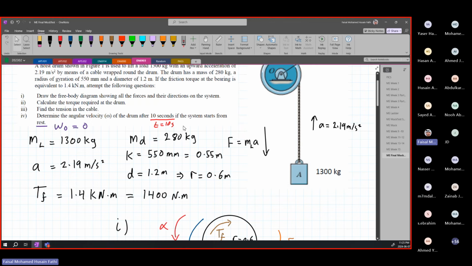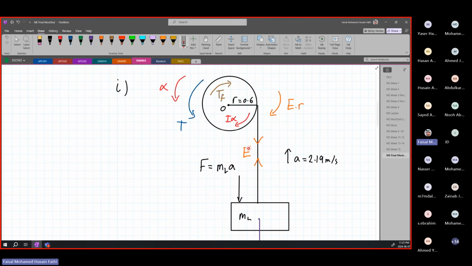And then that's it. So to draw your free body diagram, once you know where the direction of your acceleration is, you're going to know that this is going in that direction. معناته this has to rotate in this direction. So you will know where your direction of motion is and your angular motion is. معناته your angular acceleration is going to be, in this case, counterclockwise. All right.